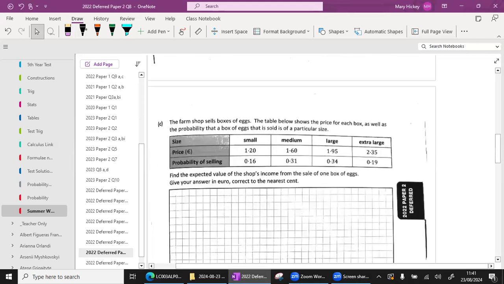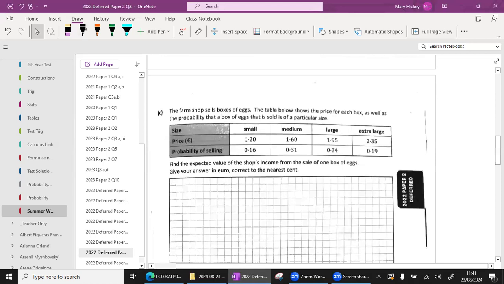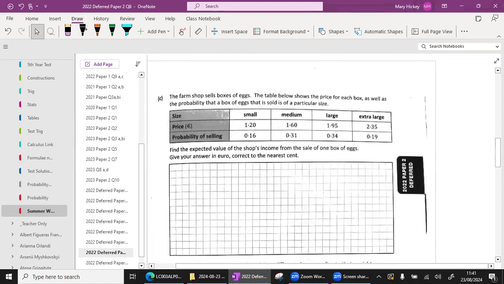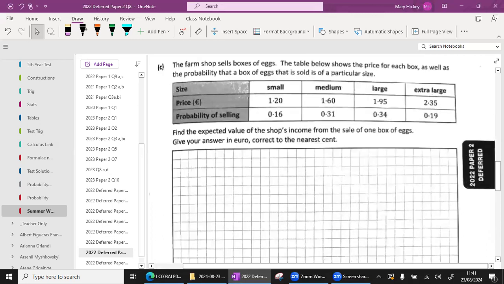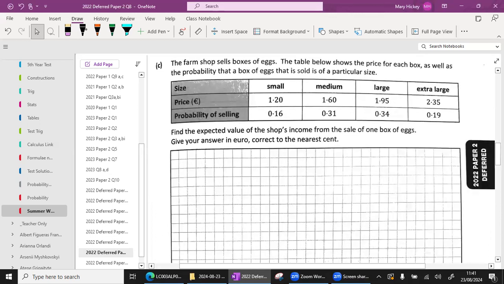The farm shop sells boxes of eggs. The table below shows the price of each box, as well as the probability that a box of eggs that is sold is of a particular size. Find the expected value of the shop's income from the sale of one box of eggs. Give your answer in euro, correct to the nearest cent.